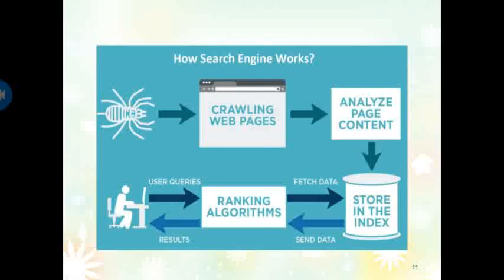The web crawler crawls all the web pages and analyzes page content. After collecting the data, it stores the data in the index. Look at the diagram, the data is stored in the index.